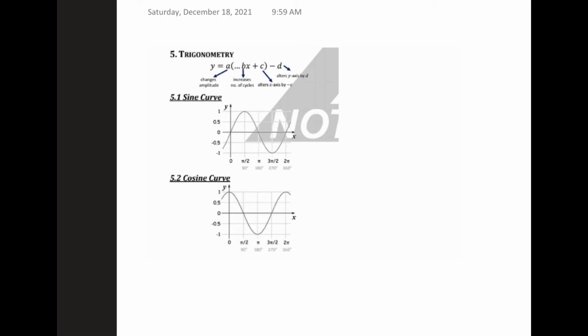So let's go through trigonometry also. In general, a trigonometric function is in this form: y equals a something. The something here will be the trigonometry. It can be sine or cos or tangent, then the angle bx plus c, then minus d.